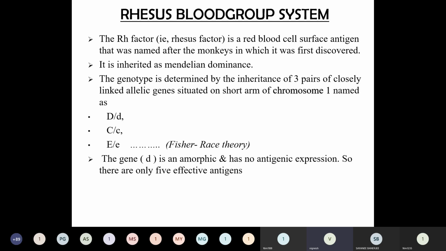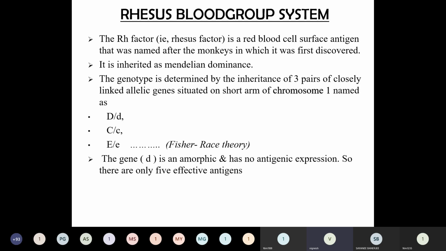And this RH factor is inherited as a Mendelian dominant. The genotype is determined by the inheritance of three pairs of closely linked allelic genes, and these genes are situated on the short arm of chromosome 1, named as capital D/small d, capital C, small c, capital E, and small e.